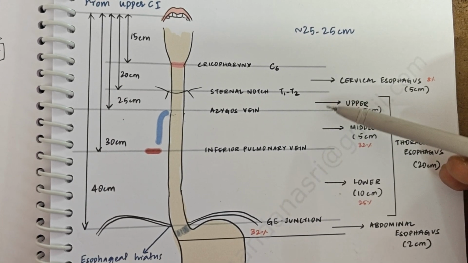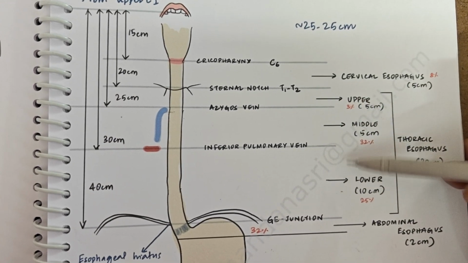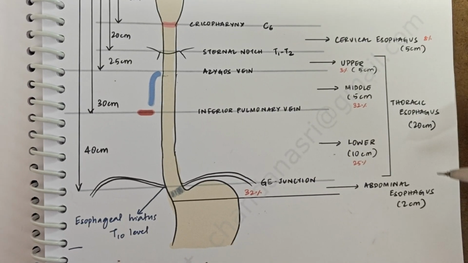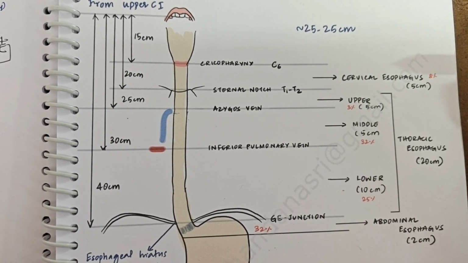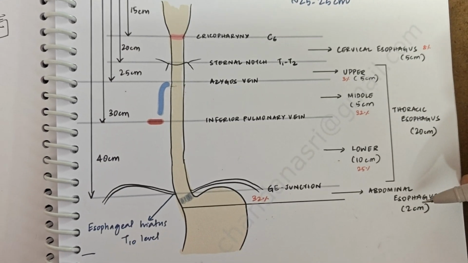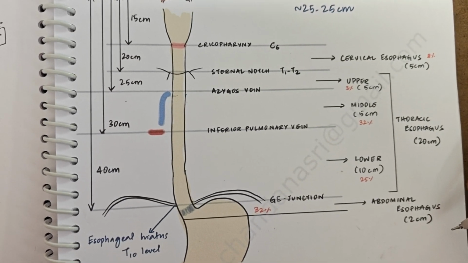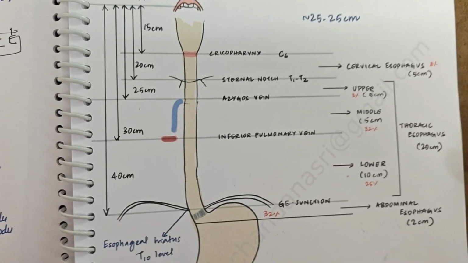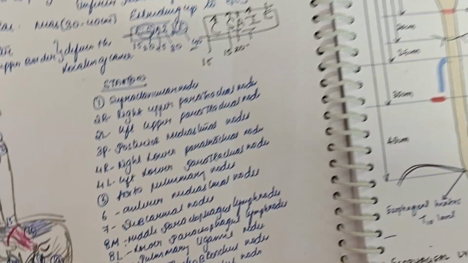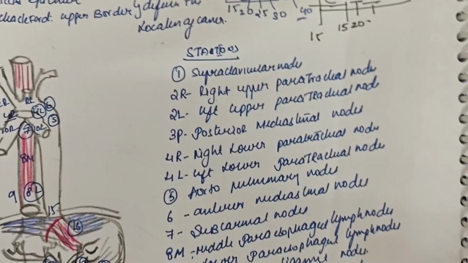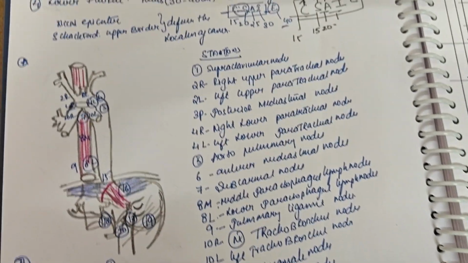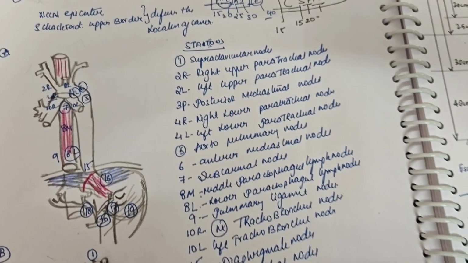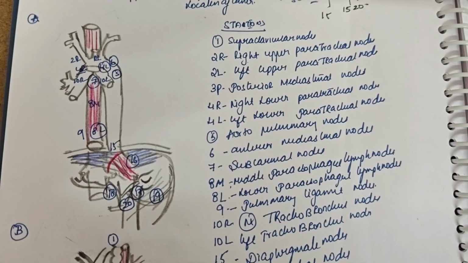So that is 20 centimeters. That's all you need to understand. The cervical esophagus is 5 centimeters, and the abdominal esophagus is 2 centimeters. Hope you're understanding. Whenever we discuss in the further sessions, we'll go through the notes in detail.